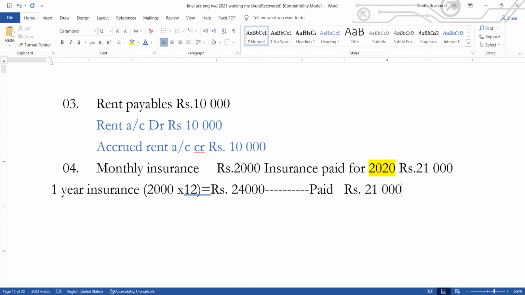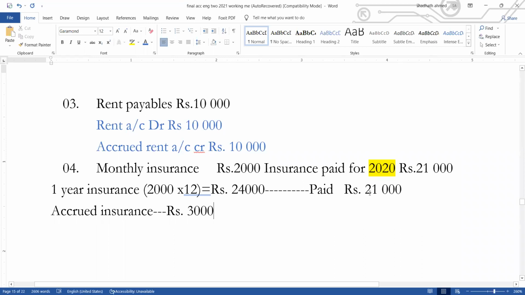But paid amount is 21,000. So how much accrued insurance will be? Rupees 3,000. Could you get it? Your total insurance for the year is 24,000, but only 21,000 paid.